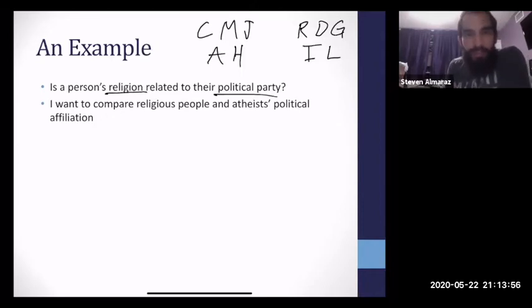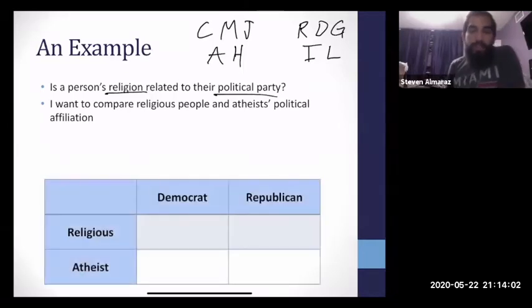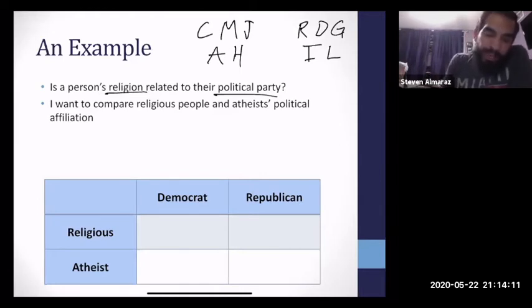So I want to compare religious people's and atheists' political affiliation. Now I'm getting a little bit more specific. I'm specifically comparing religious people versus atheists, so I'm going to focus in on only a little 2 by 2 space. Over here on the left, I've got religious versus atheist, and up top, I've got Democrat versus Republican.